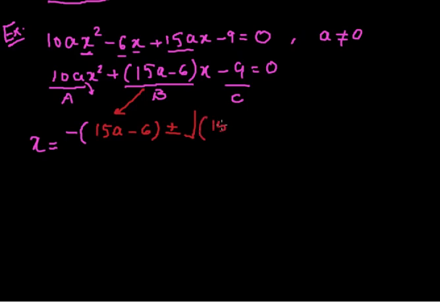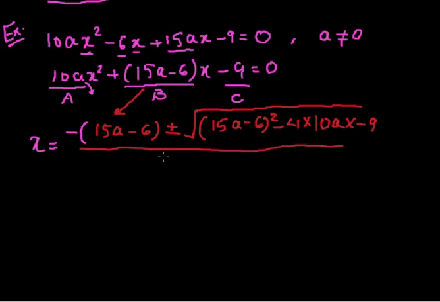B square means (15a minus 6) whole square minus 4 into a, 10a, into the last term c, which was minus 9, upon 2 into a, the first term is 10a, is equal to minus 15a plus 6 plus minus.